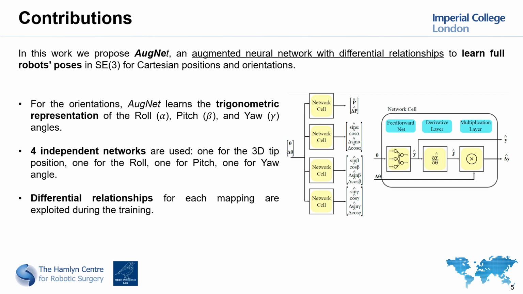We use four different cells: one for learning directly the 3D position, and three for learning each trigonometric representation of the roll, pitch, and yaw angles. Also, AugNet includes differential relationships during training for each mapping, which are shown to improve the performance of model learning.